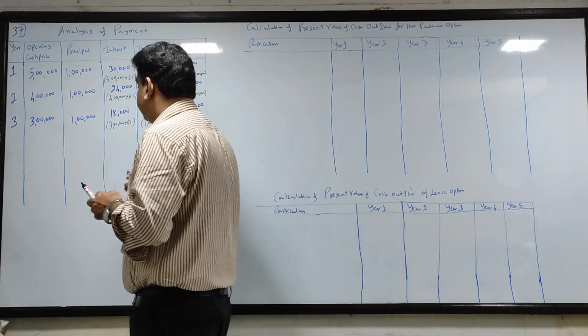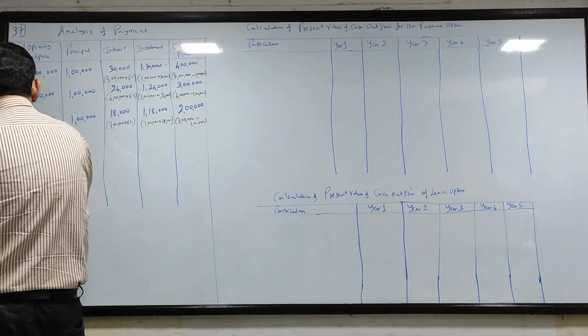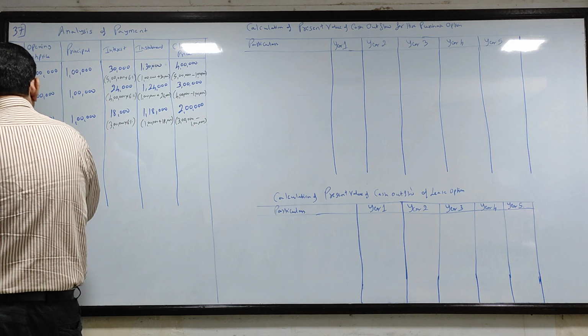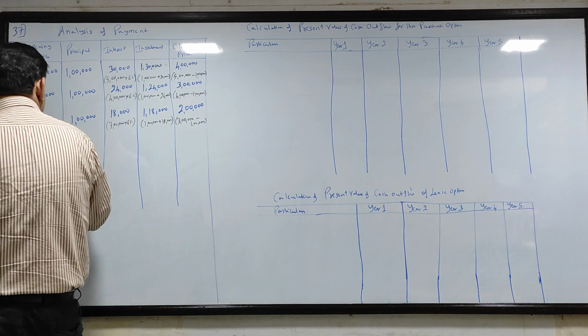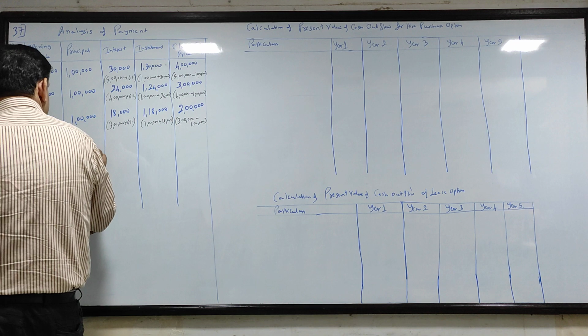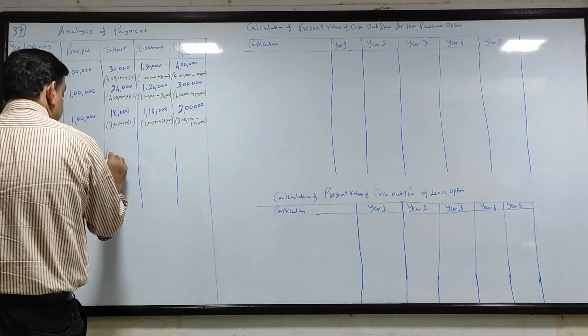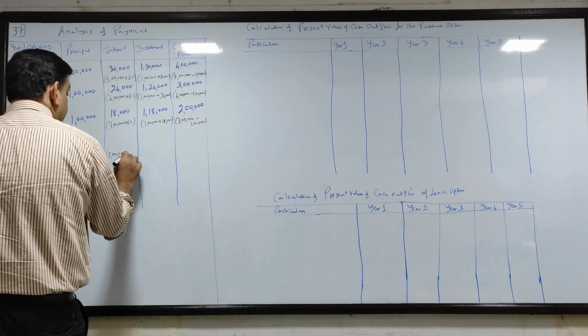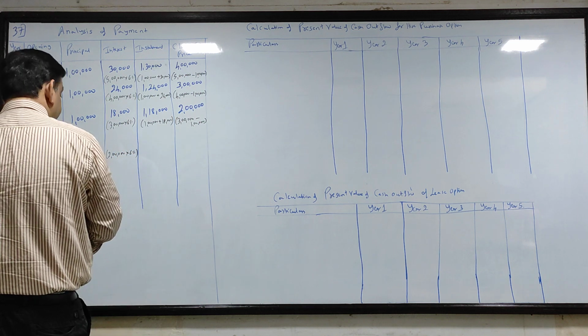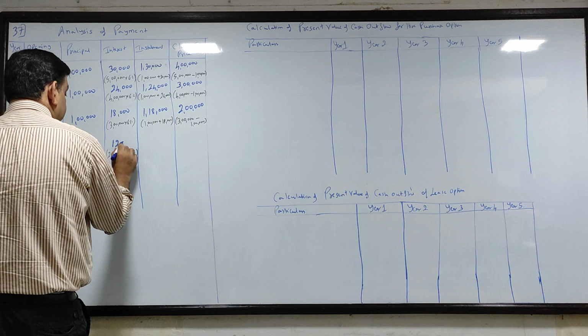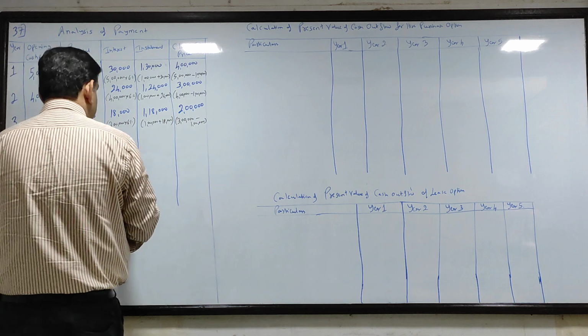Okay. Next, bring it down, fourth year. 2 lakh. This is 1 lakh. This will be 2 lakh का 6%, that is 12,000.